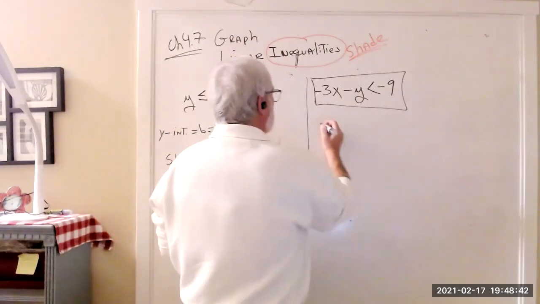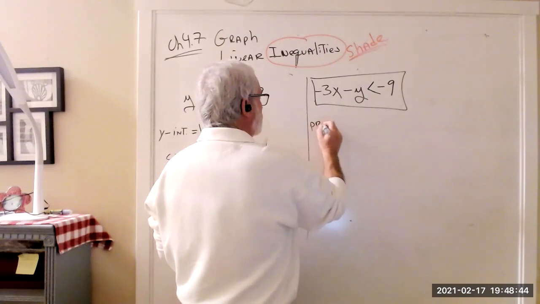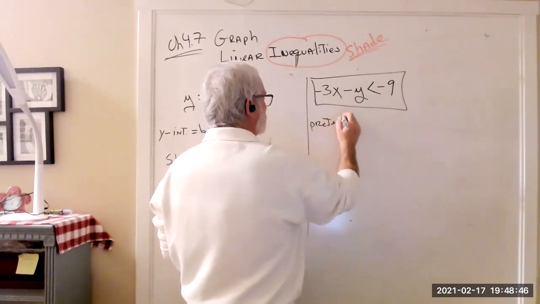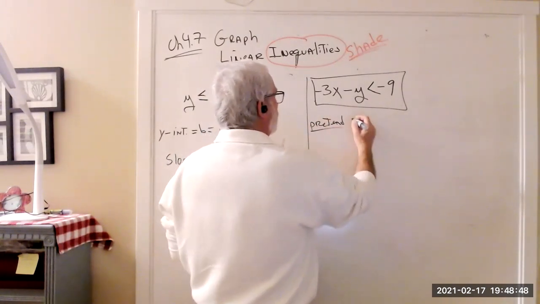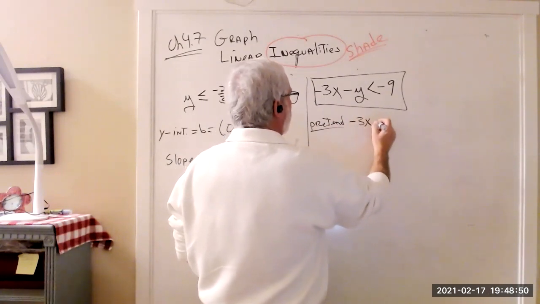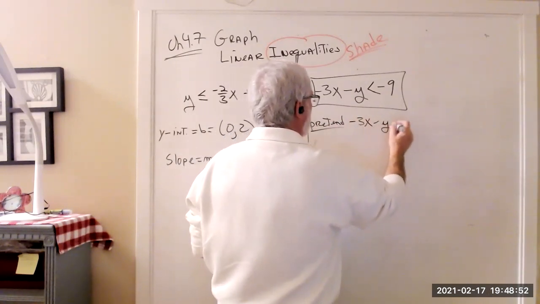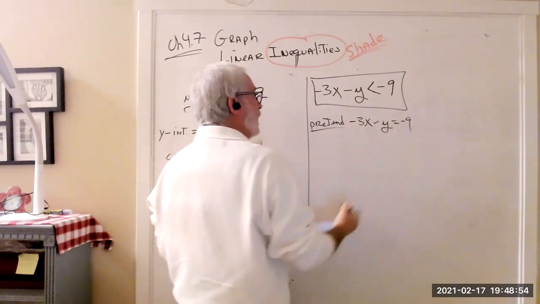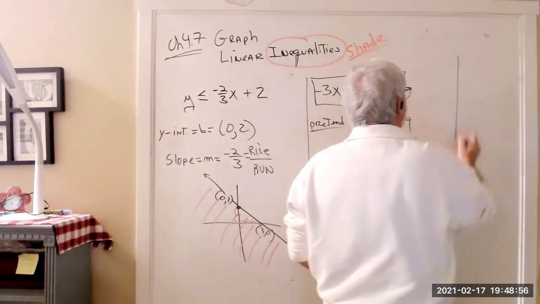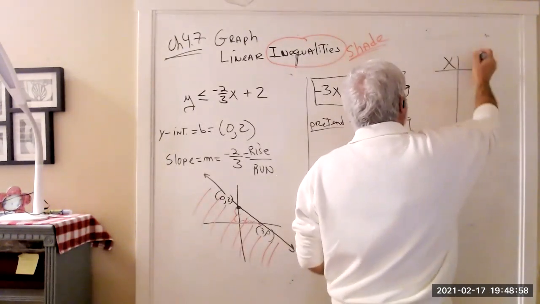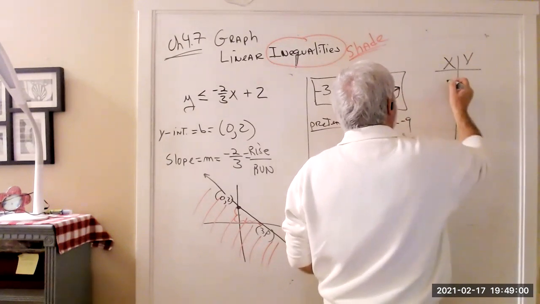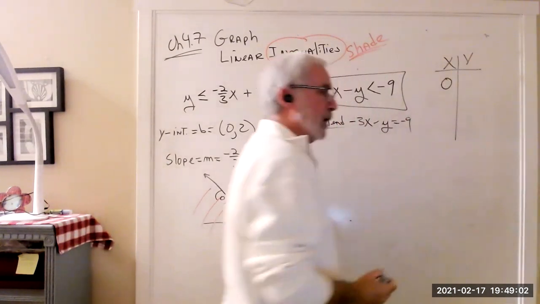Okay, so I would pretend that this was negative 3x minus y equals negative 9, and I would build an xy table. And now I'm going to start to shortcut it.